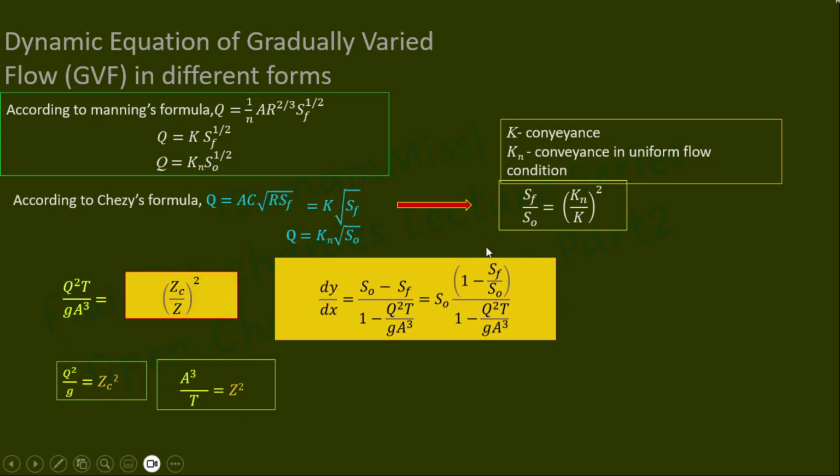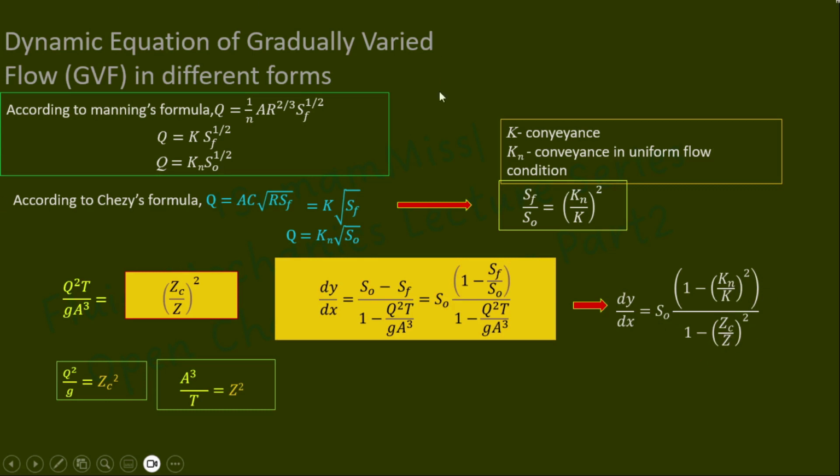So if we replace SF/S0 by (Kn/K)², and Q²T/gA³ by (Zc/Z)², then the dynamic equation becomes dy/dx = S0 × (1 − (Kn/K)²) divided by (1 − (Zc/Z)²).